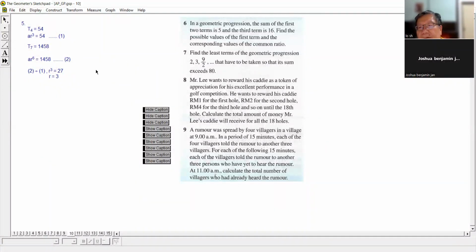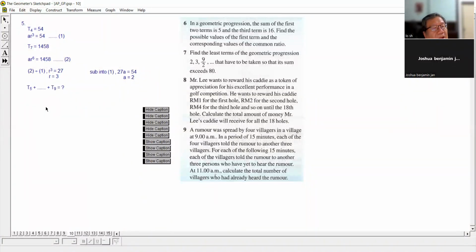You use your calculator, 27 to the power of 1 over 3. You put the cap there, then you put 1 over 3 in brackets, and you get the cube root of 27. So answer is 3. Then you substitute R equals 3 back into equation 1. So 27A is 54, A is 2. So we have found the values of A and R.